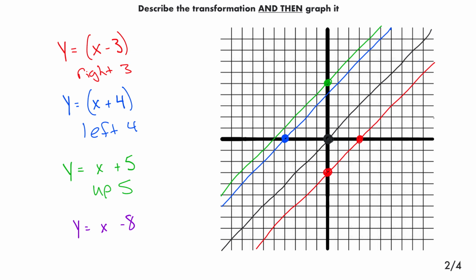And then finally, y minus 8, I think we could all figure that out, is going to move us right down to here. That is going to move us down 8. So this is how you can transform a linear graph up, down, left, or right.